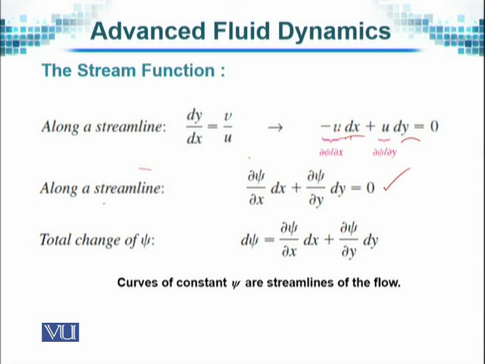If v is replaced by d psi by dx, we obtain this equation. The total change of psi can be written in the derivative form, that d psi is equal to the partial derivative of psi with respect to x times dx plus the partial derivative with respect to y times dy, and this is equal to 0. If d psi is equal to 0 and I integrate it, I am saying that psi is equal to constant.